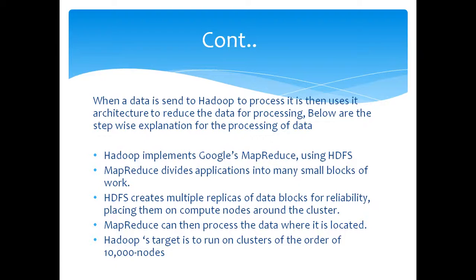So it will divide the data and send the data to the data nodes to process. Then the data node processes the data and returns the results to the user. In the same way, if there is any error, it will return that to the user as well. Hadoop's target is to run on clusters on the order of 10,000 nodes. Hadoop is usually developed to handle huge data.